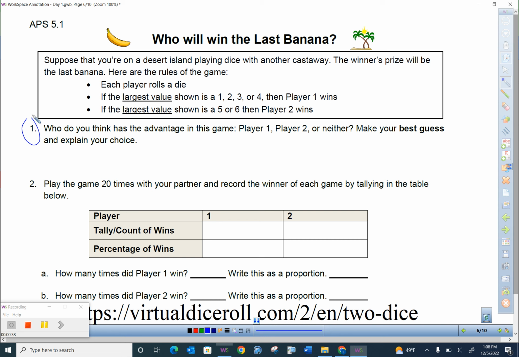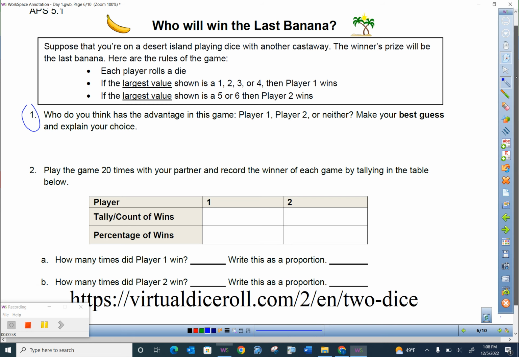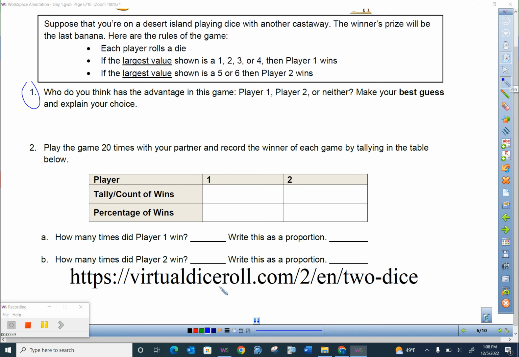Okay? After you decide your choice, what you're going to do is actually simulate this. If you have 2 dice at home, track them down and play this game 20 times. If you don't, here's a link to a virtual 2 dice roller. You'll just have to copy that link. It's virtualdiceroll.com/2/n/2-dice.